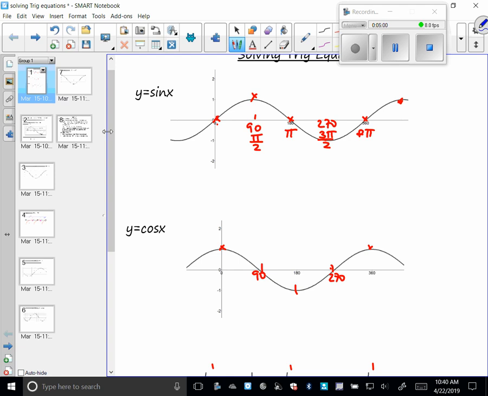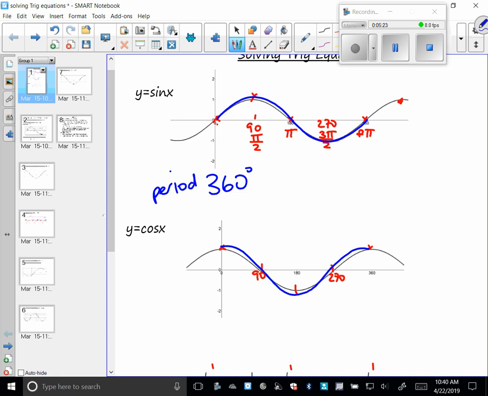So the period is how long it takes to do one full cycle. So that's one full cycle. It takes 360 degrees. So that's your period. And it's the same thing for the cos graph. It takes 360 degrees before it starts repeating again.